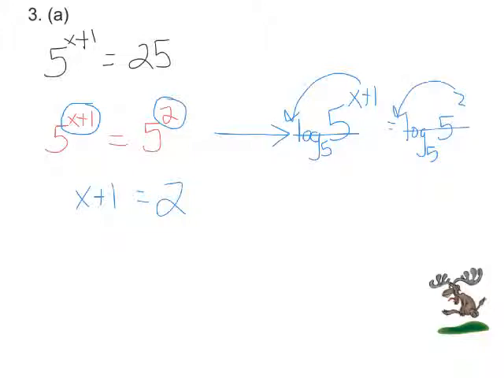But I think it's easier just to say that because the base is the same, the exponent is the same. And subtract 1 across, and we get x equals 1. That is our final answer.